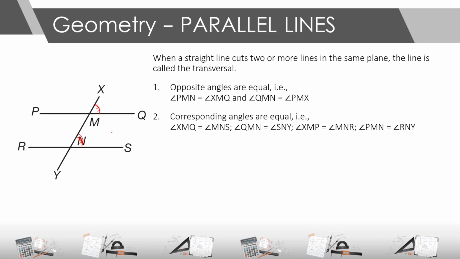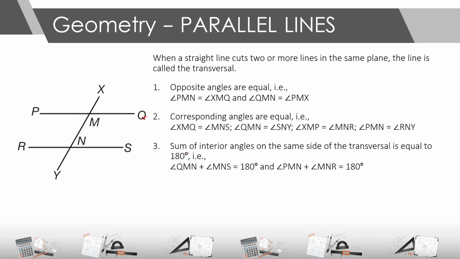These two lie on the same side of the transversal. These corresponding angles are equal. You can do this for other corresponding angles also. So if you look at the angle on the bottom, angle QMY is equal to angle SNY. If you go to the left, angle XMP is equal to angle MNR. Similarly, on the lower left side, these two angles are equal.